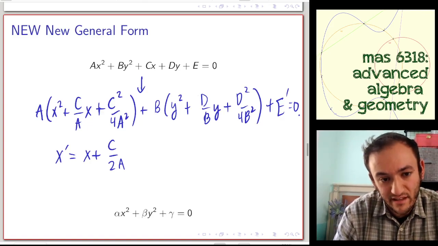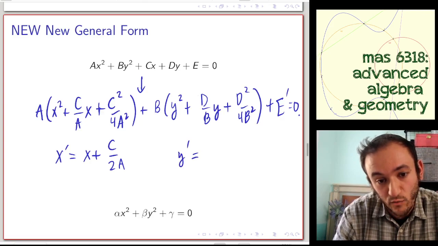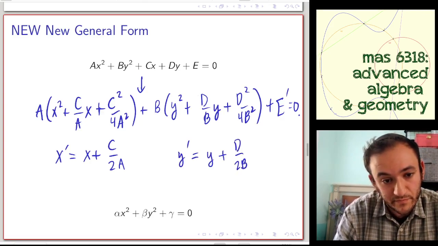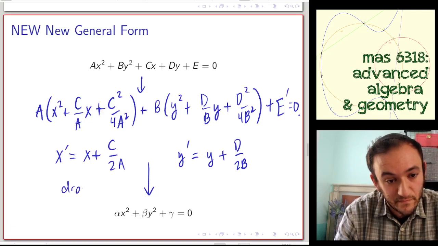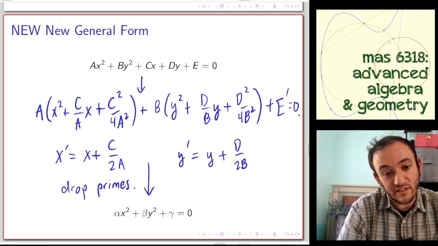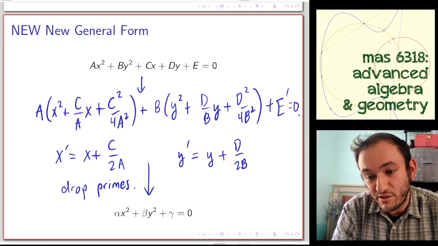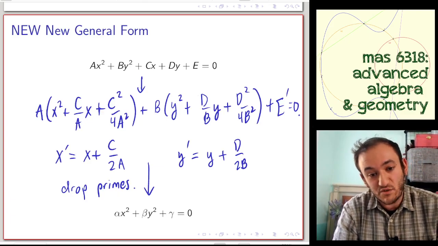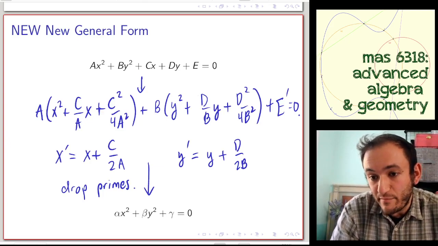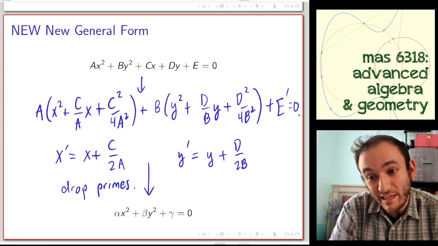Similarly we'll translate y to get y prime equals y plus d over 2b. And now we're left with this equation after we drop the primes. We've successfully gotten rid of the degree 1 terms, and we're left with alpha x squared plus beta y squared plus gamma equals 0. Things are looking even simpler.